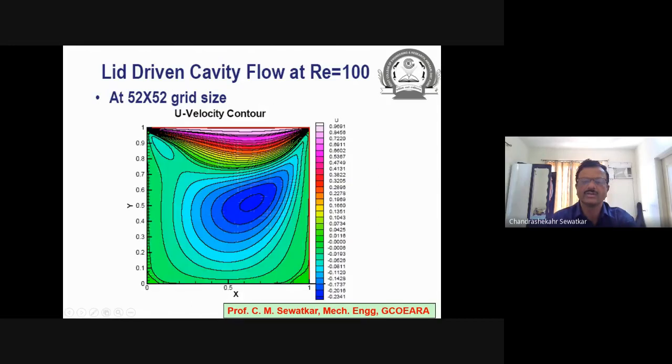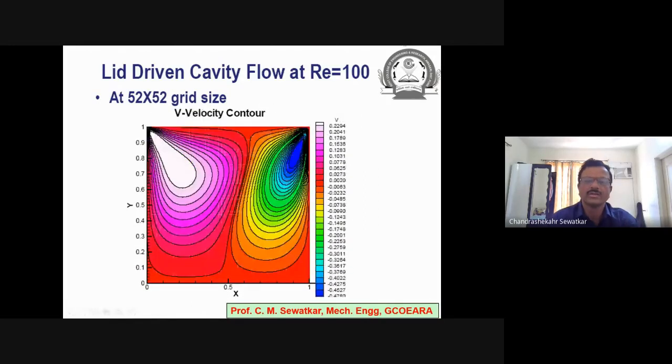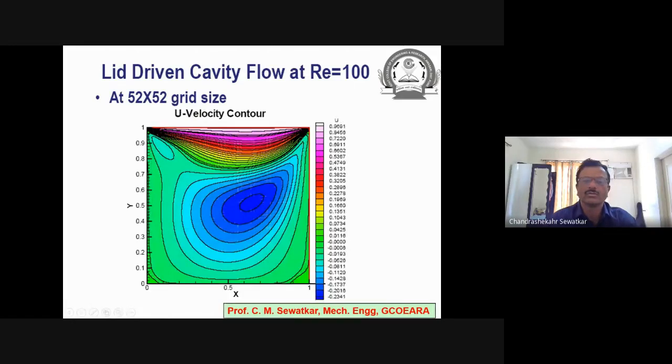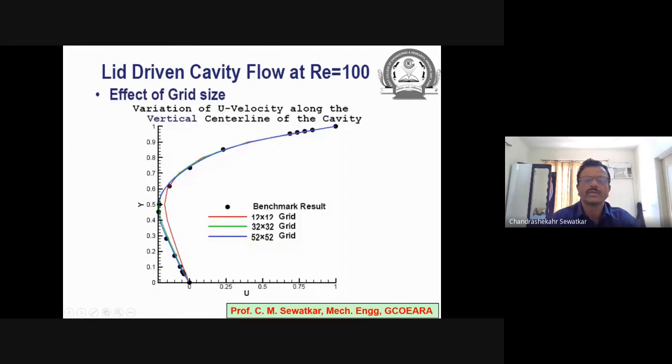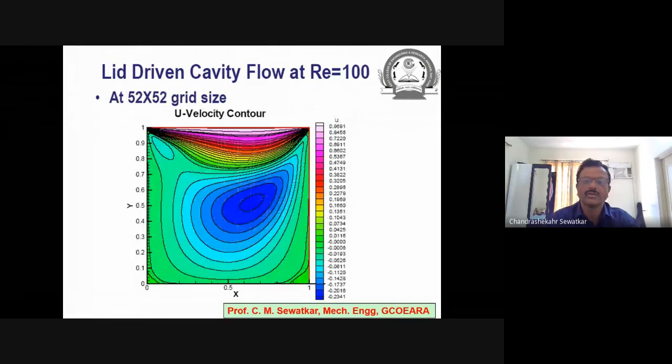We have taken the center line here, and we have plotted the x direction velocity along it. The x direction velocity has to be 1 at the top: at y equal to 1, velocity has to be 1, and at y equal to 0, velocity has to be 0.